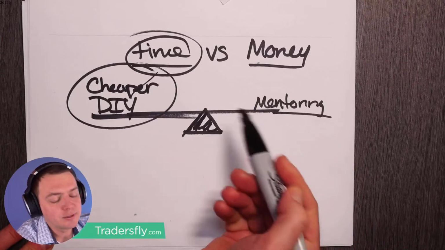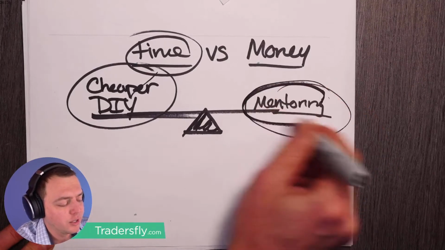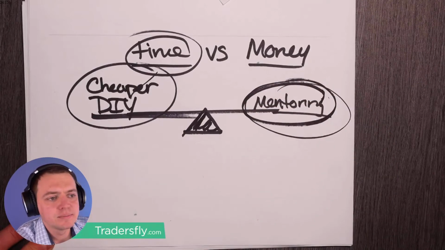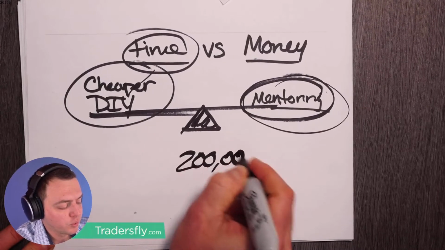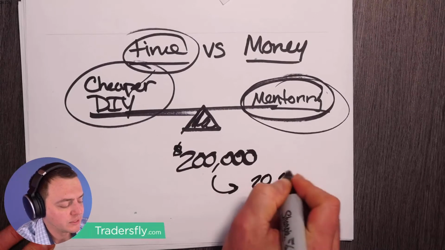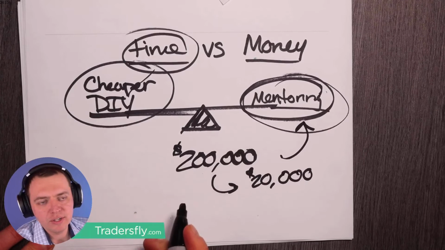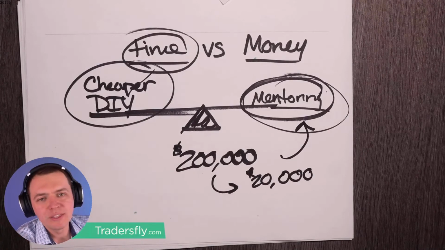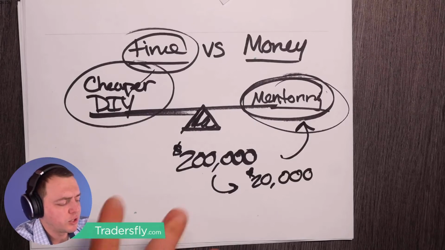In your case, the larger the account, the more you'll probably want to go into the mentoring area, simply because it'll alleviate some problems. Let's say you're putting on $200,000 worth of positions, but you make a $20,000 mistake. Well, that could have covered a lot of the coaching and mentoring you could have invested in, because you're doing things that maybe you're not prepared for, or educating yourself on, because maybe you're not trading accordingly.